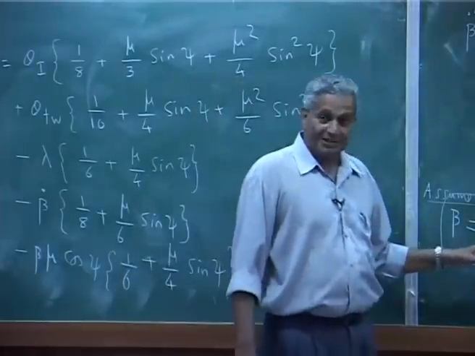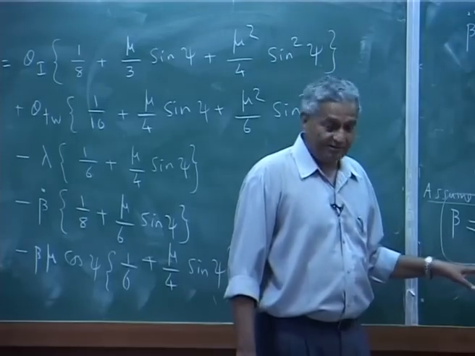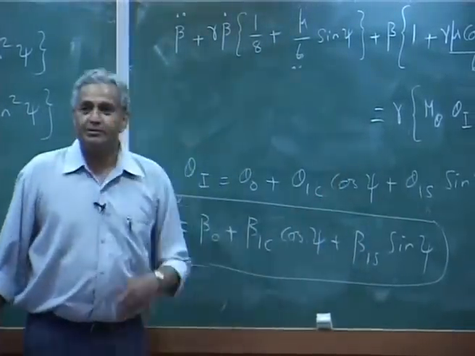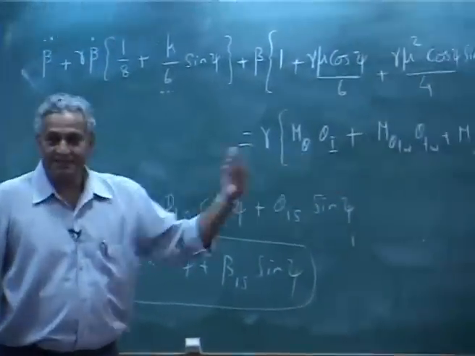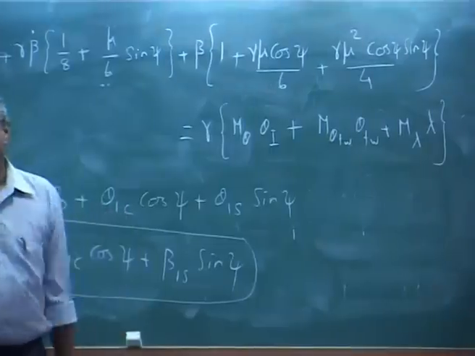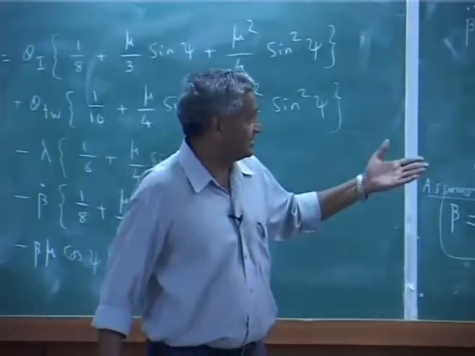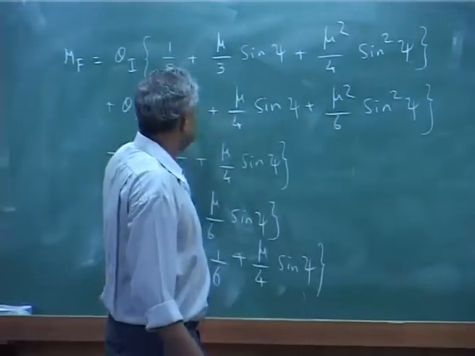From there you can get a relation between these and lambda and theta twist. And of course mu is always there because everywhere mu is sitting there.